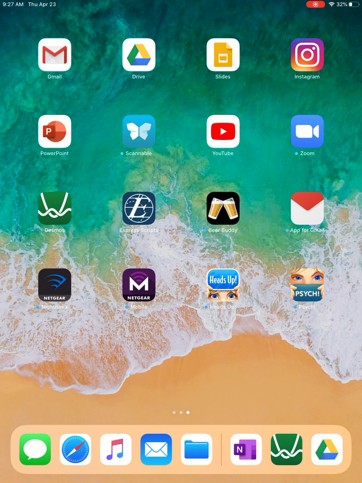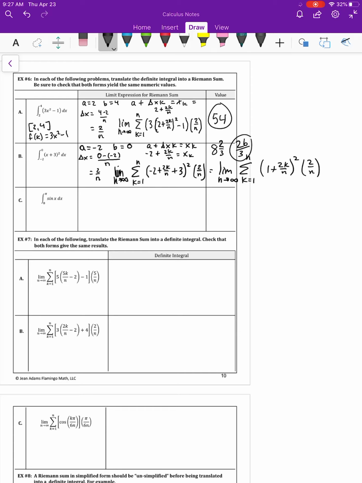Oh, why did I put negative 2 to 3? Negative 2 to 0. Sorry, guys. Backspace. 0. There we go.